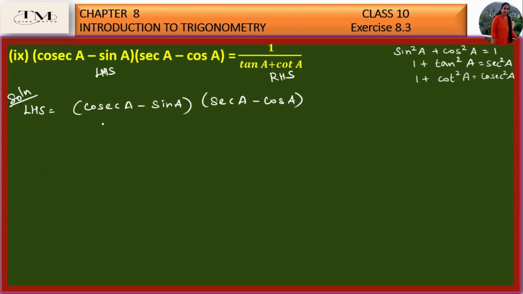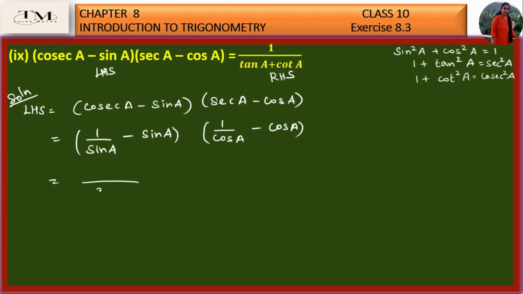Okay. So what is cosecant A? It is nothing but 1 by sine A minus sine A. Here we have secant A. Secant A is nothing but 1 by cos A minus cos A. Now take sine A as LCM. So what will happen?